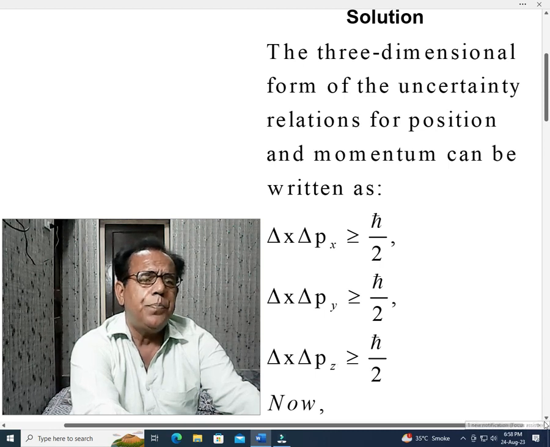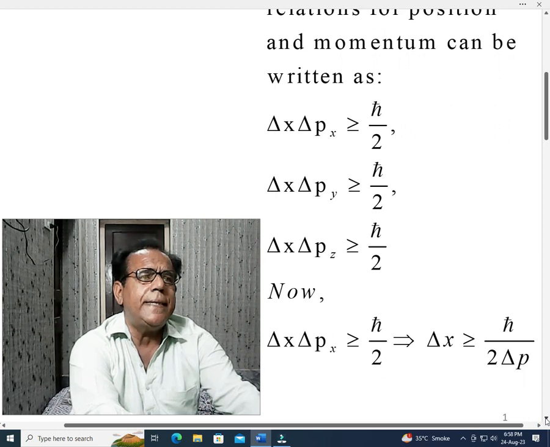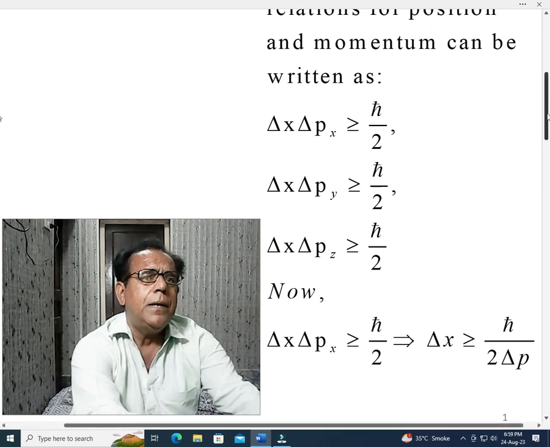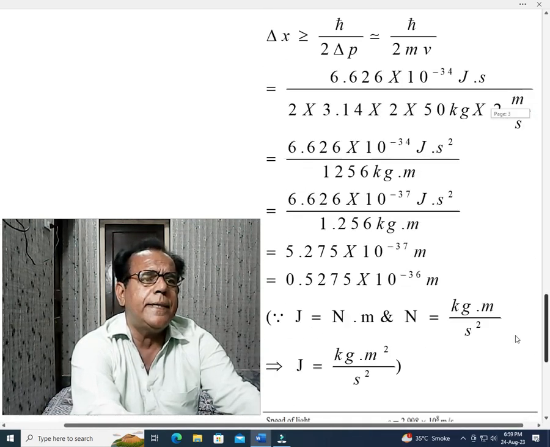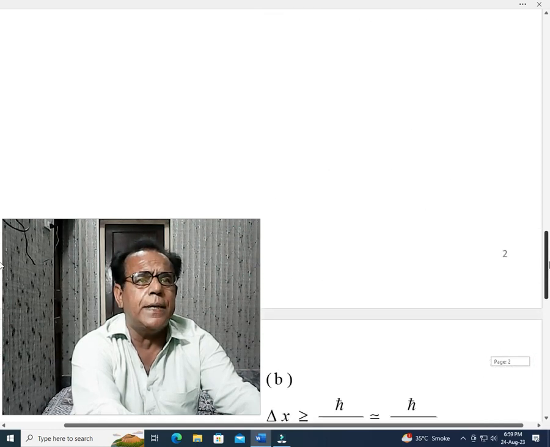Now we take the first of them. Δx Δpx ≥ ħ/2, where ħ is the reduced Planck's constant, with h given in the table below. Planck's constant h is given not only in terms of joule second but also in terms of electron volt second.